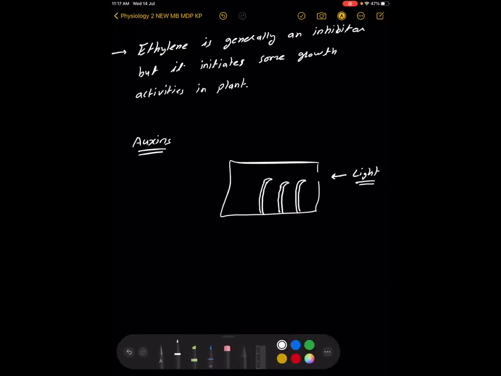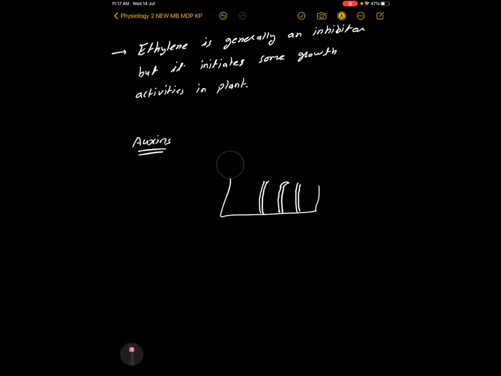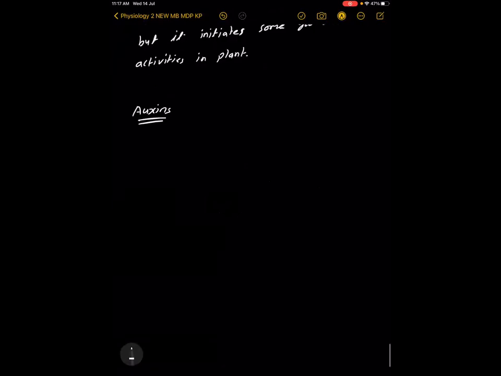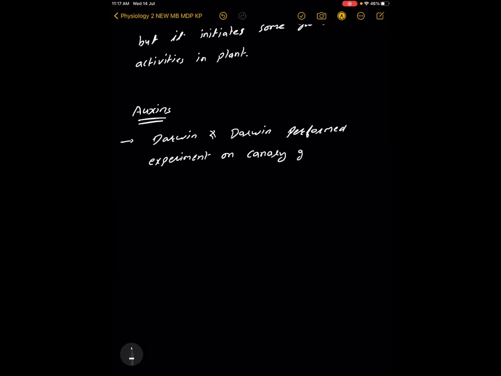Darwin and Darwin, Charles Darwin and Francis Darwin, son of Charles Darwin, performed the experiment on canary grass.